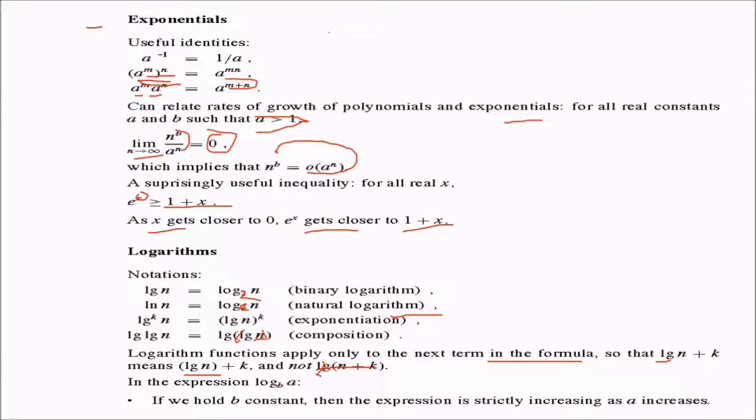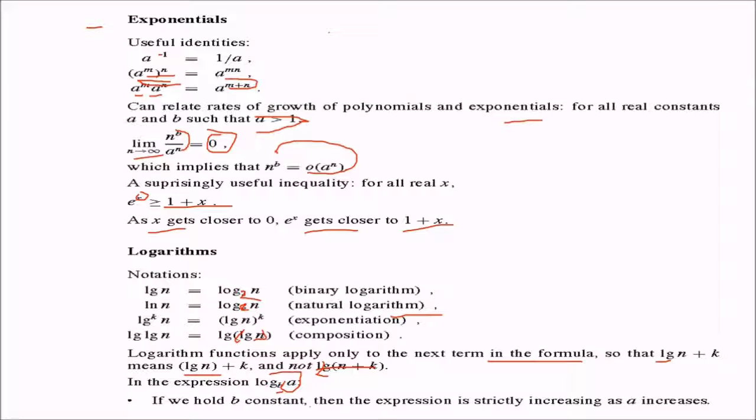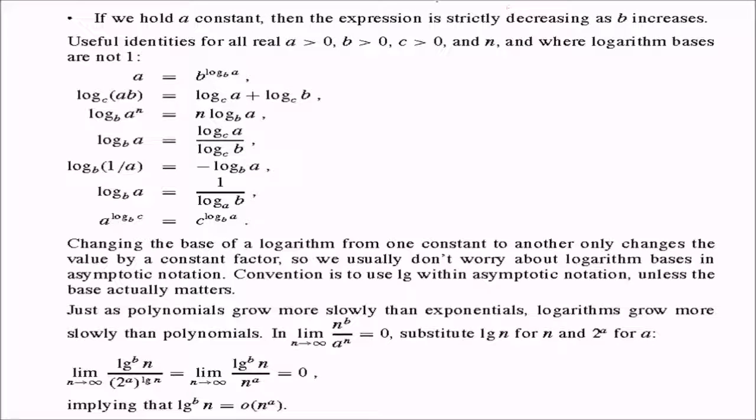This is not true. So in the expression, say log where the base is b and the argument is a, if we hold b as constant, then the expression is strictly increasing as a increases. And when we hold a as constant, then the expression is strictly decreasing as b increases.